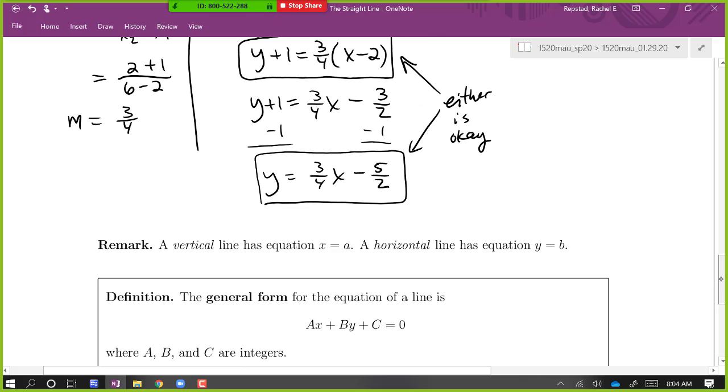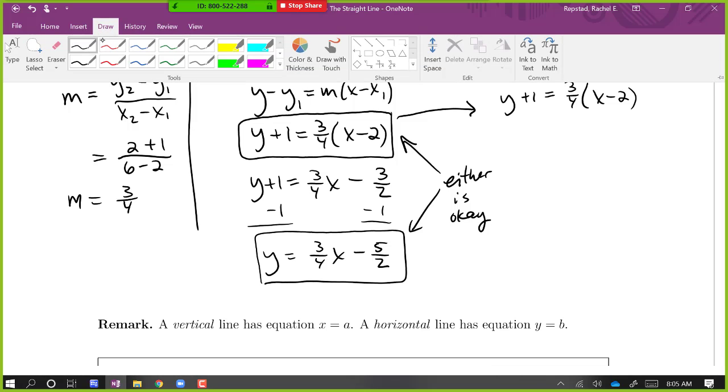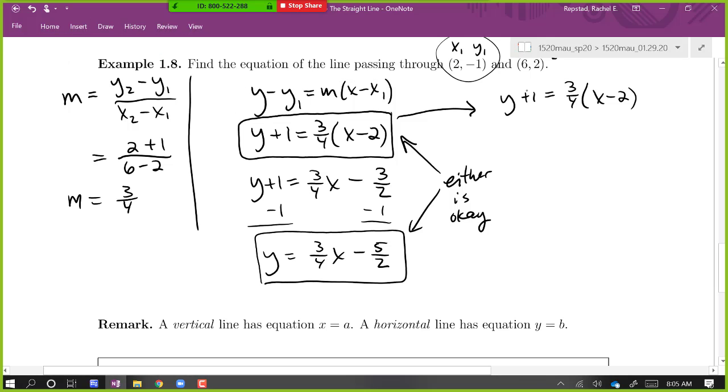So up here, if I took this equation, often the first thing I'll do is clear denominators because I find that convenient. You could do that last if you want to, but I often do it first. So if I multiply both sides by 4, on that side it just cancels the 4.